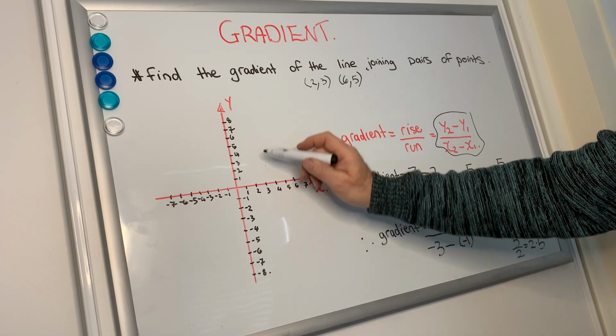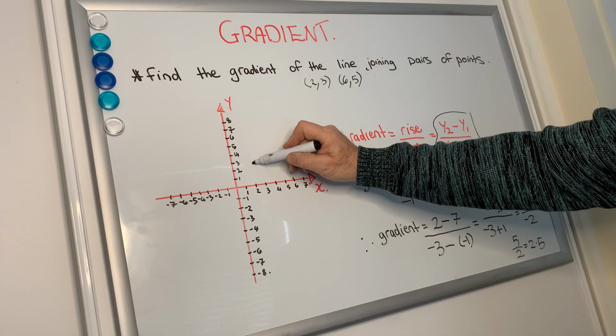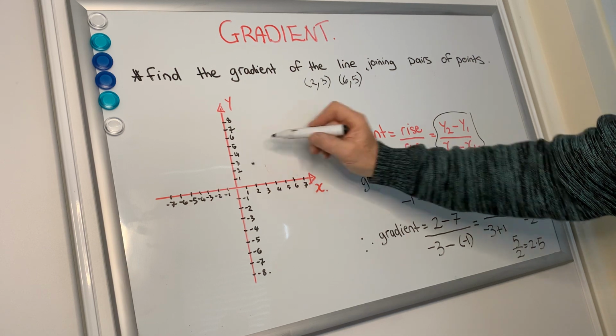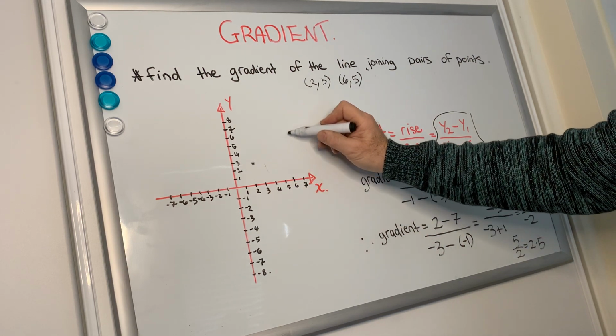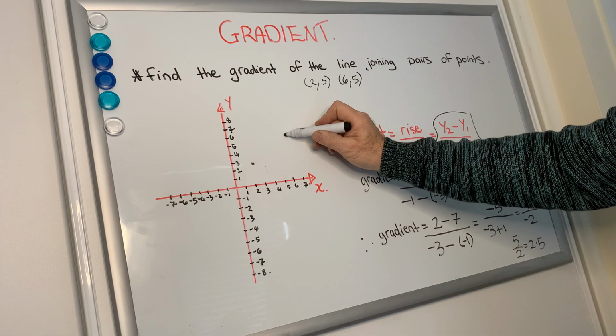We could then say 2 and 3 is that point there. Okay, and 6 and 5 is that point there.